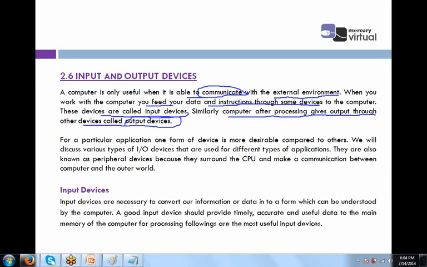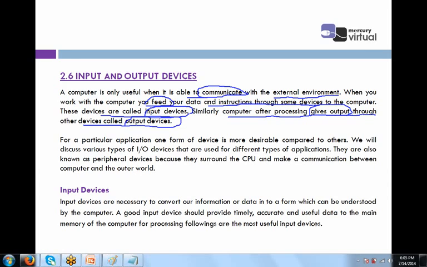In simple terms, this is the first concept: you feed the data, that is your input devices, and it gives output, that is your output device. Clear? I highlight all the basic points: communicate, external environment, feed, input devices, gives output, and output devices.